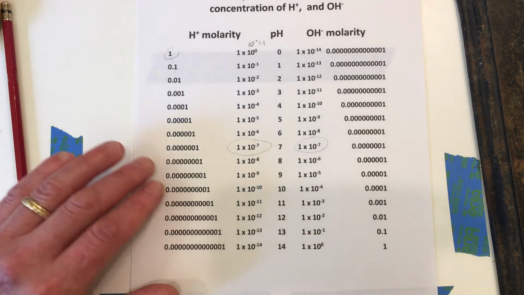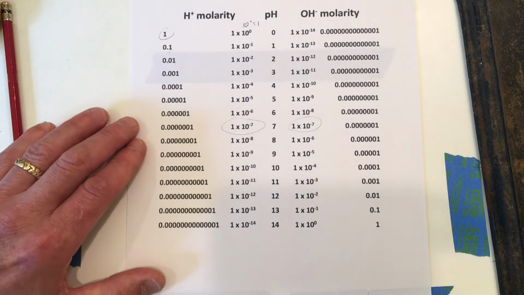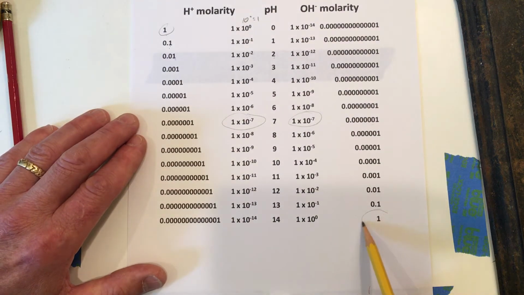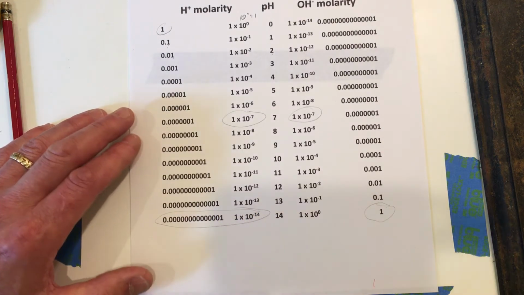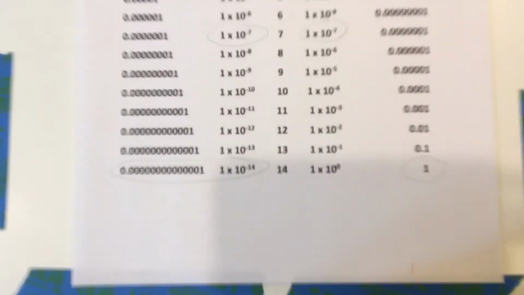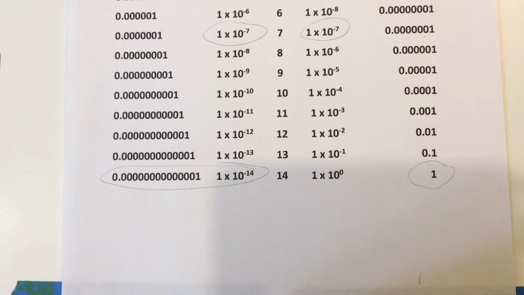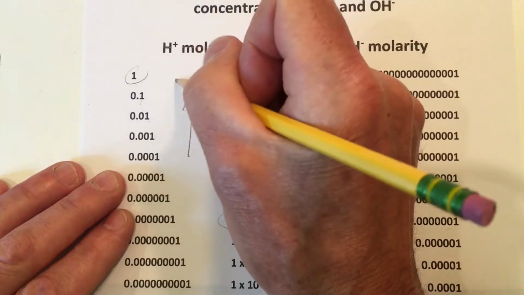And if you have a very basic solution or very alkaline or caustic solution, you have a 1 molarity OH minus and a really low concentration of H plus. But the whole idea is that as one goes up, the other goes down. You can see as one goes up, the other goes down. So this is very acidic.